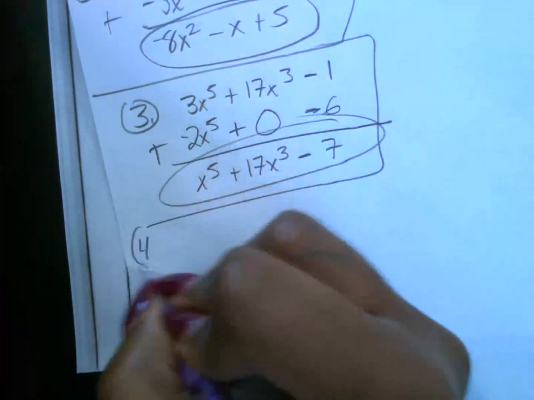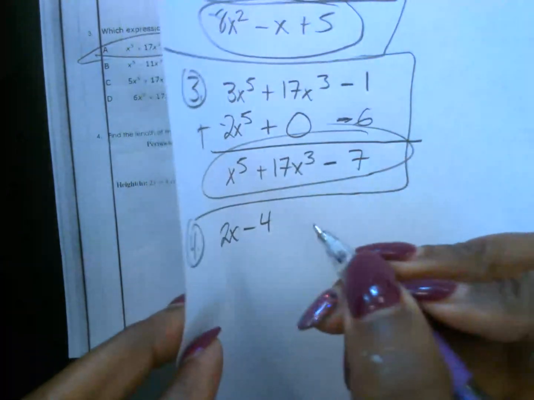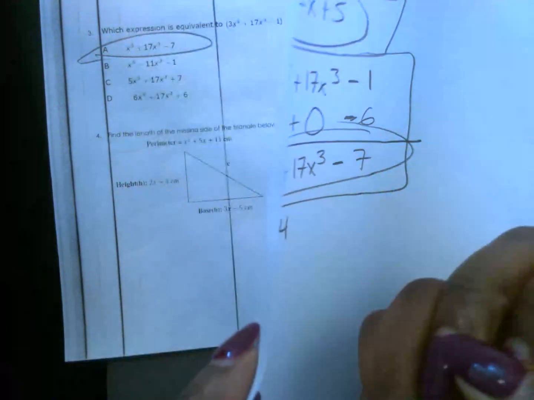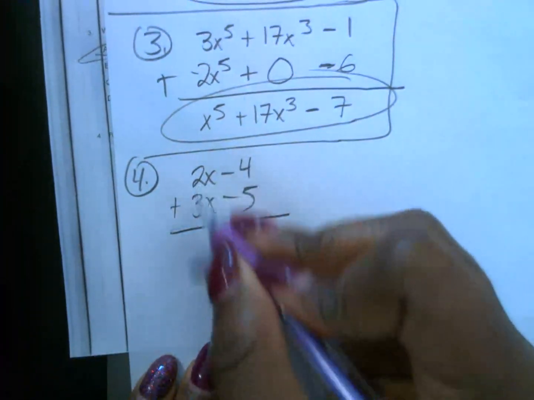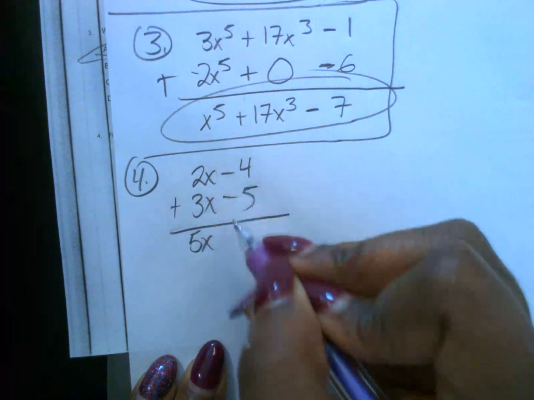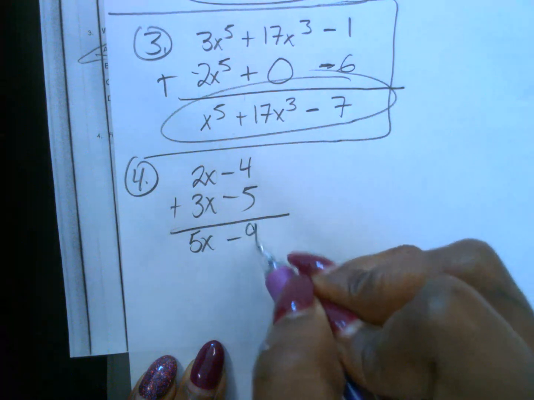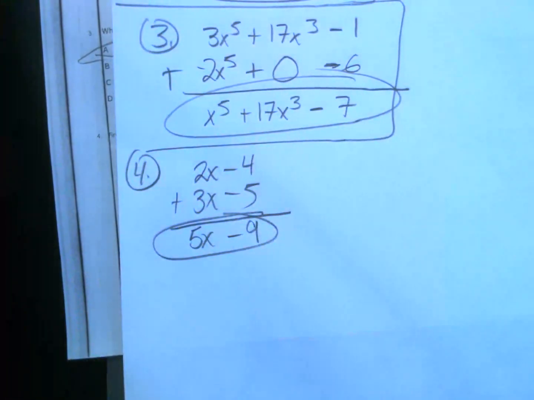This is number 4. We have 2x minus 4, and we're adding it to 3x minus 5. Let's add those together. What does this give me when I add? 5x. What does this give me when I add? Negative 9. So now we're going to take this and subtract it from the whole perimeter to figure out what's missing.